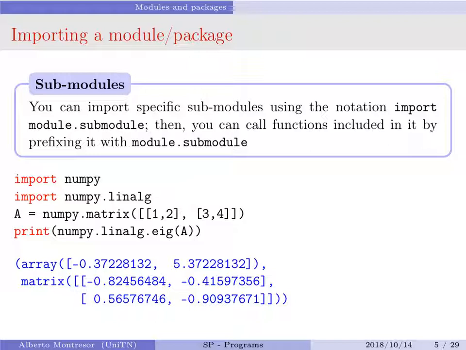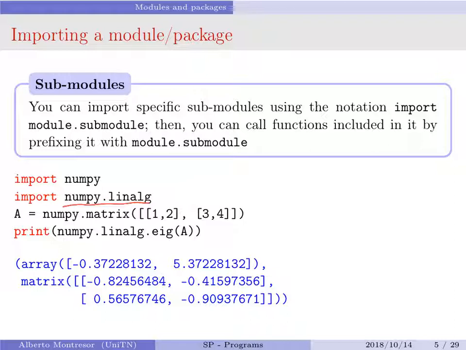You may have submodules, which means that you can import not the entire set of definitions, which is numpy, but maybe only a little part of it, for example linear algebra inside numpy. At that point, you have several namespaces.